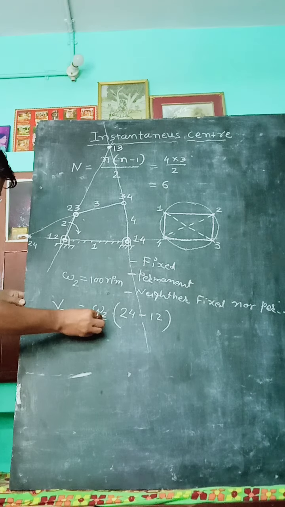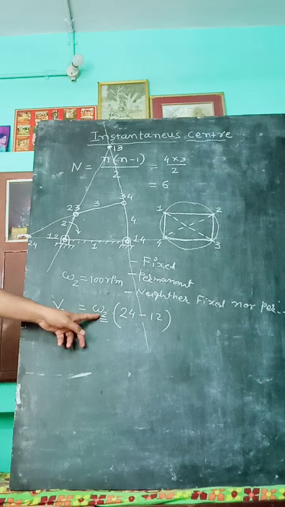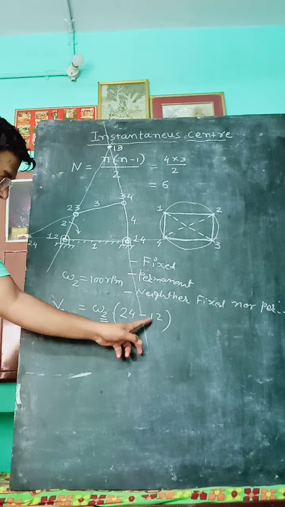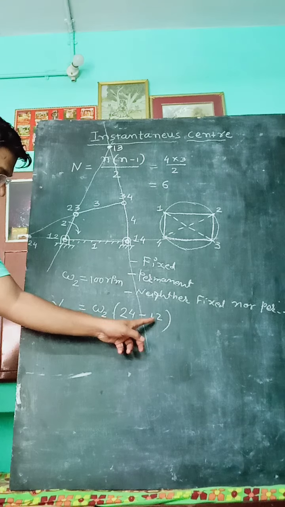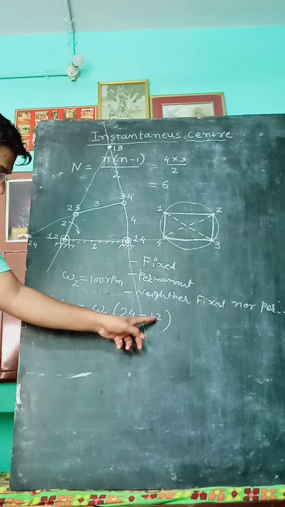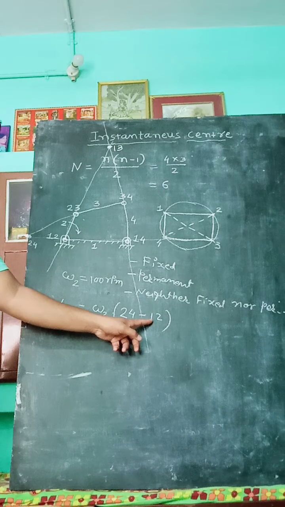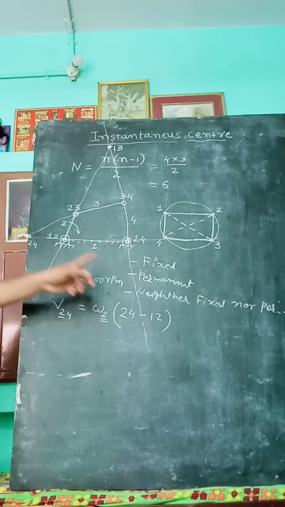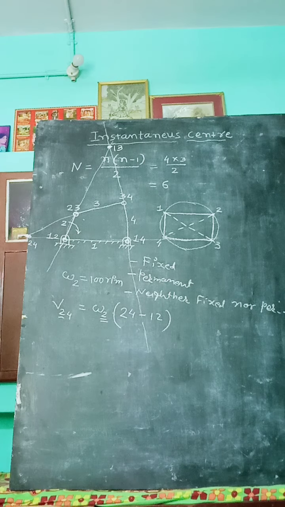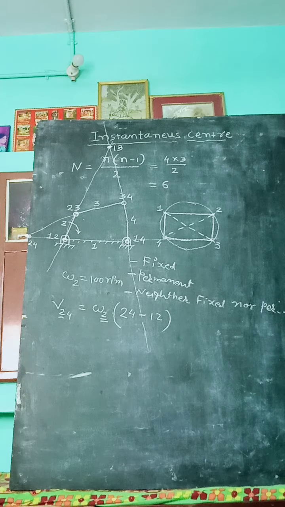When omega 2 is known to us, it is always with respect to a fixed link. So this instantaneous center, a fixed instantaneous center, is available. So 2, 4 minus 1, 2, when we do this, we have this value.